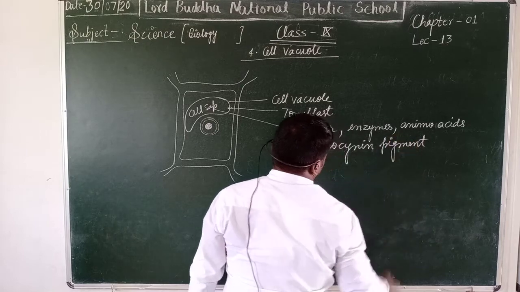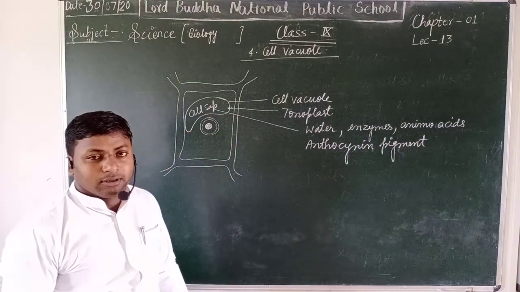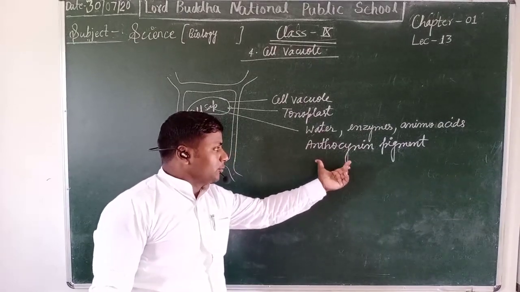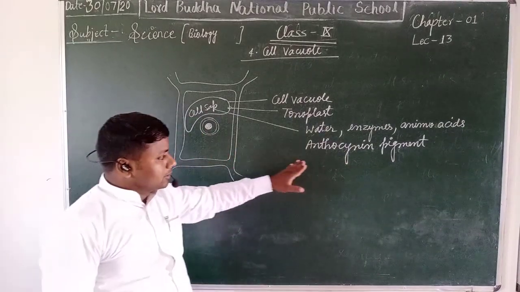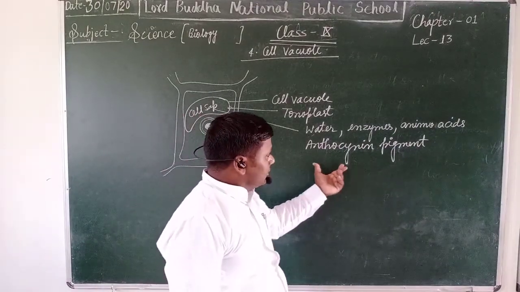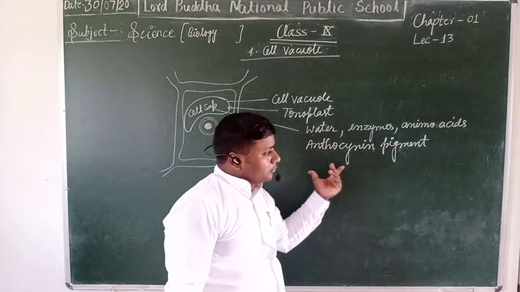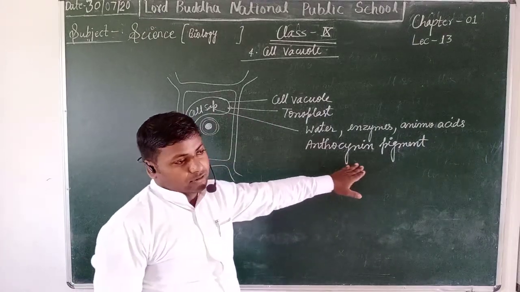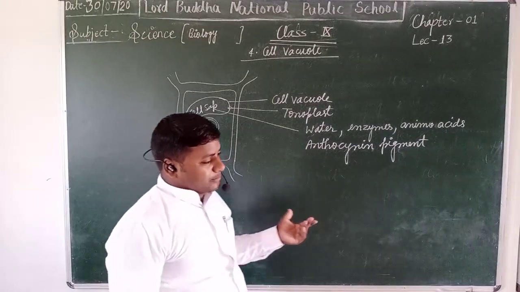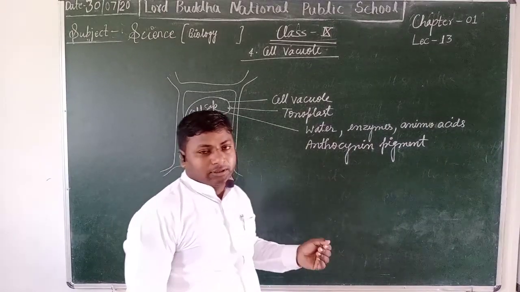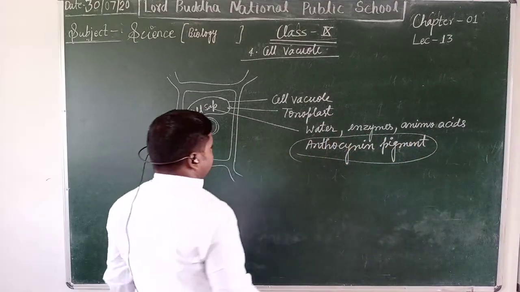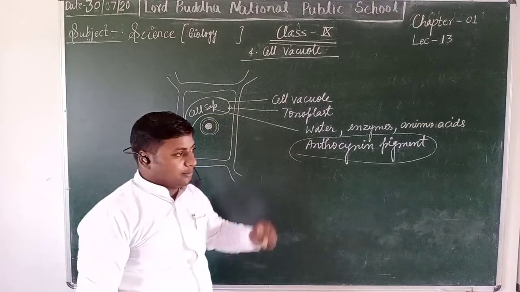This pigment provides the purple color to various parts of the plant body. The peel of brinjal appears purple or dark blue due to the presence of anthocyanin pigment. Likewise, some flower petals appear purple due to the anthocyanin pigment found in cell sap.